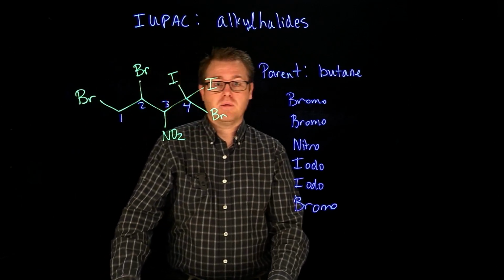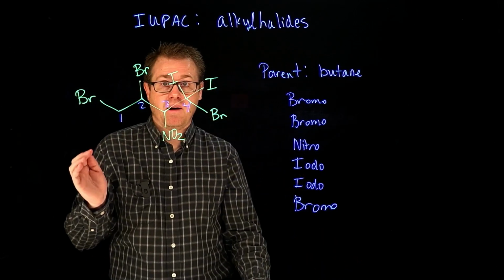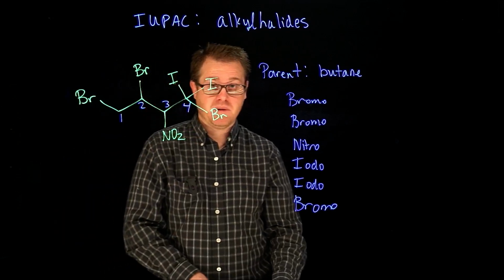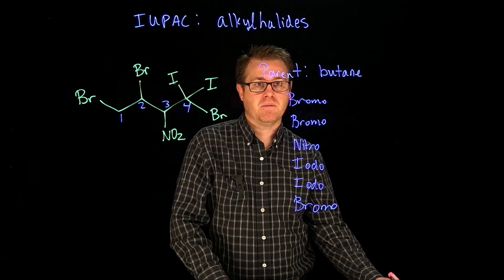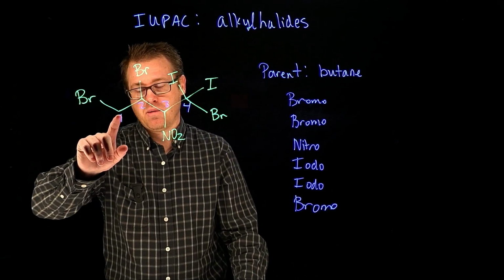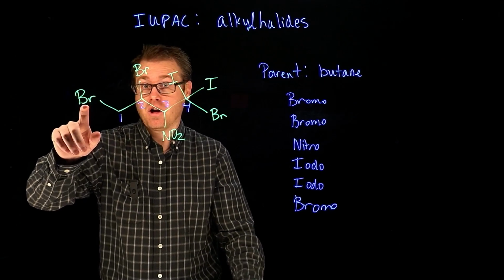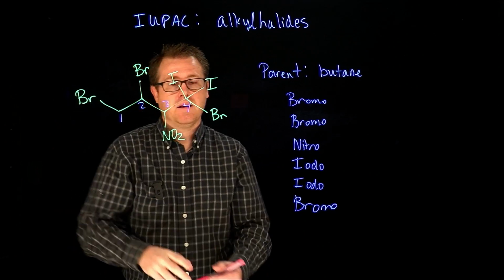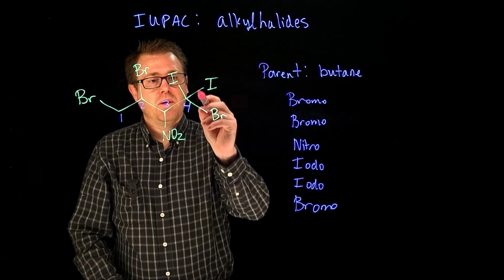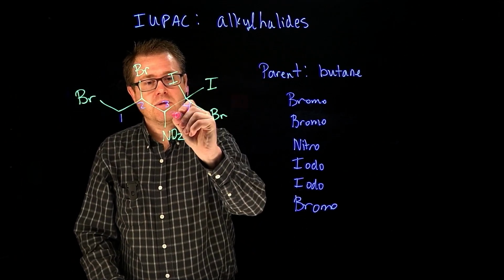And what's the rule? We number the carbon chain and we want to bump into our first substituent with the lowest locant number. So if we go to carbon 1, we bump into our first substituent on carbon 1. So that looks pretty good. But what if we numbered it in the opposite direction?